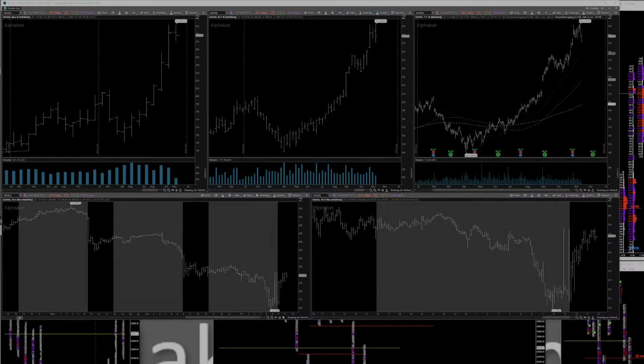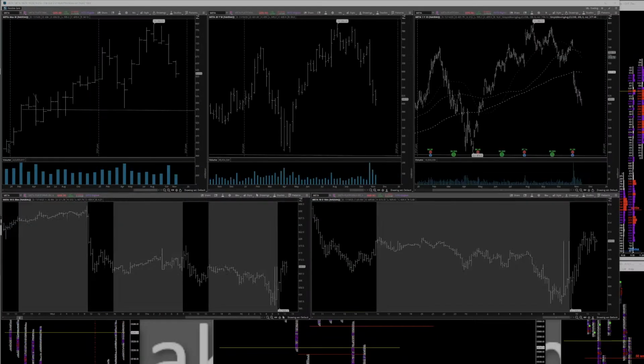Google ranging, some sort of liquidation happening there, but it's trending higher. Check the monthly. Meta is not good. Wow, look at this. It may come into this, what that would be, the 500 maybe.